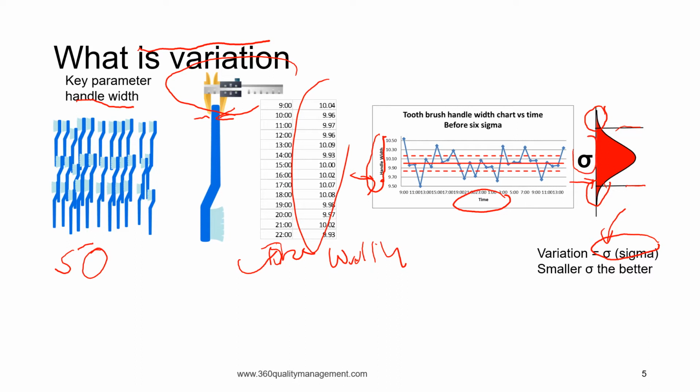A smaller sigma is always wanted, meaning that the process is stable and you want the measurement to be as close as possible to the desired target. Therefore, the smaller the sigma, the better the process. And this is what we call process variation.